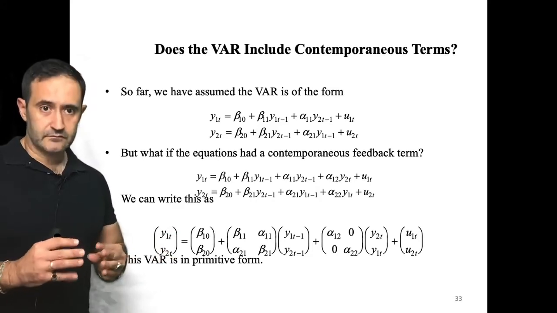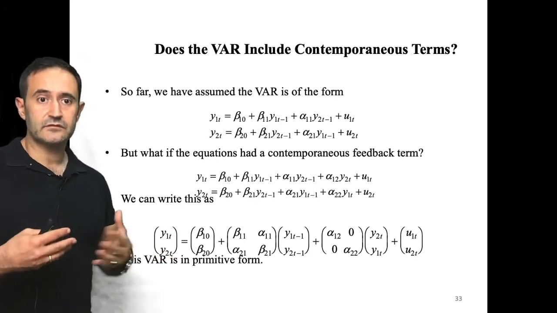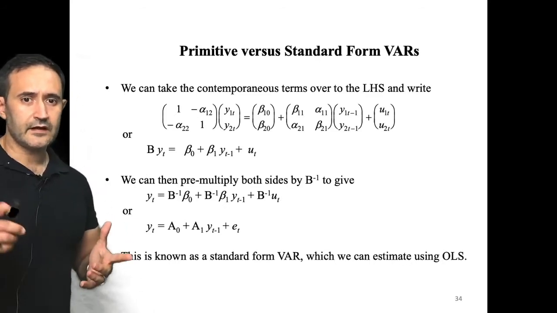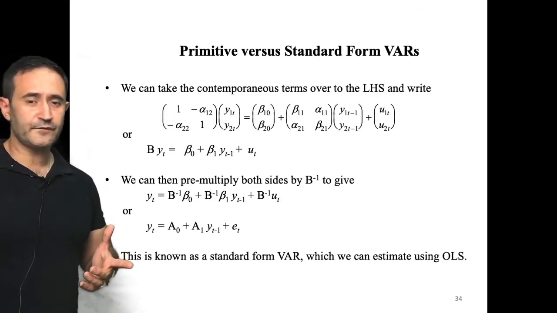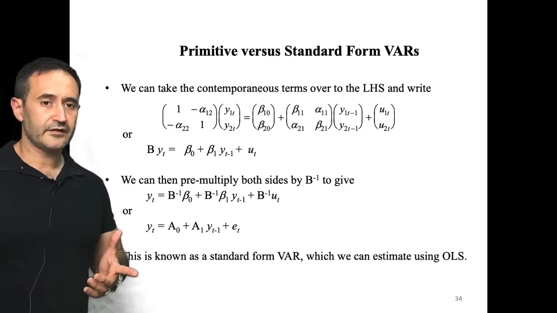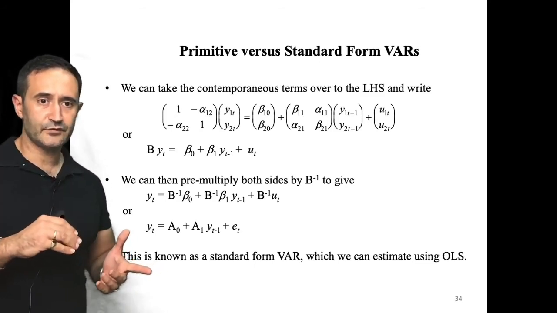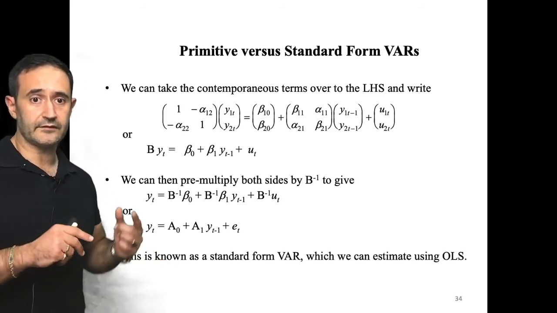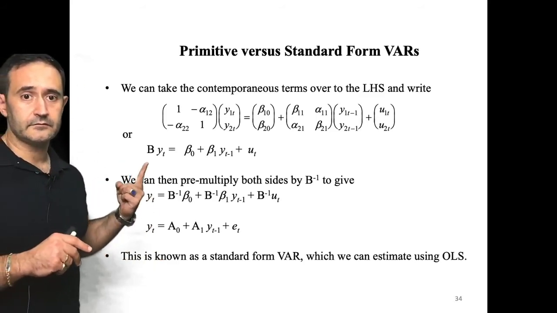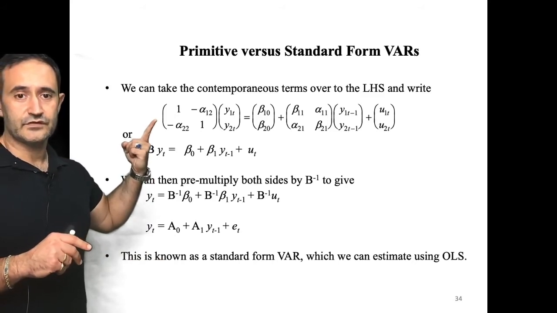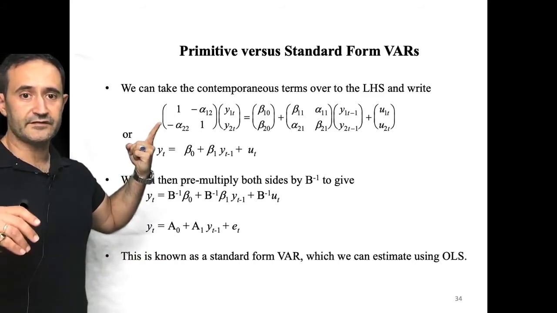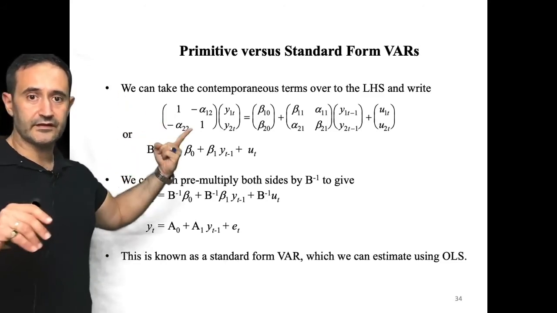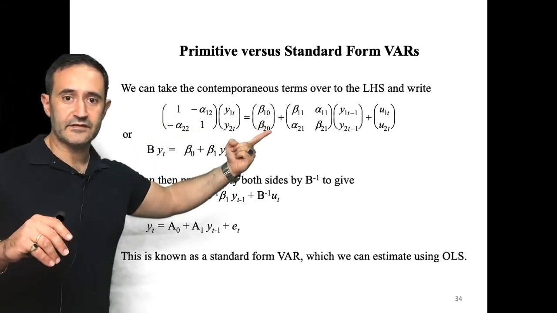We cannot estimate this equation separately because they have contemporaneous variables. Now what we do here is that we are going to move everything which is contemporaneous to the left hand side of the model and everything which is lags to the right hand side of the model. That's why we have this. So what we have done is to move to the left everything which is contemporaneous, and we have left on the right everything which has lags.